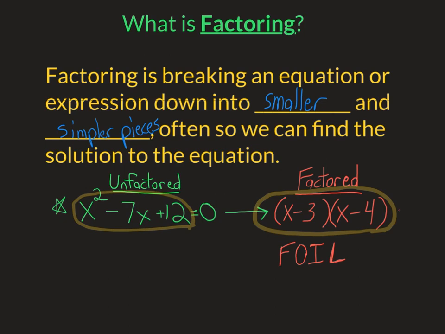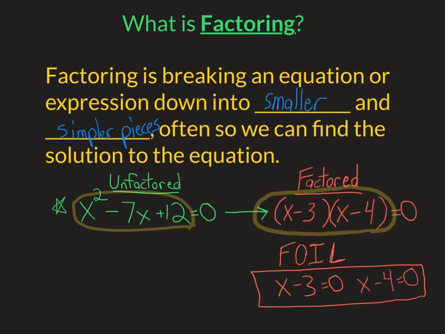And if it's still equal to 0, then it turns out we can look at each of those separate pieces and say, oh, well, x minus 3 is one of the two factors equal to 0. x minus 4 is the other one. And all of a sudden, I bet you guys can tell me what the two answers for x would be.